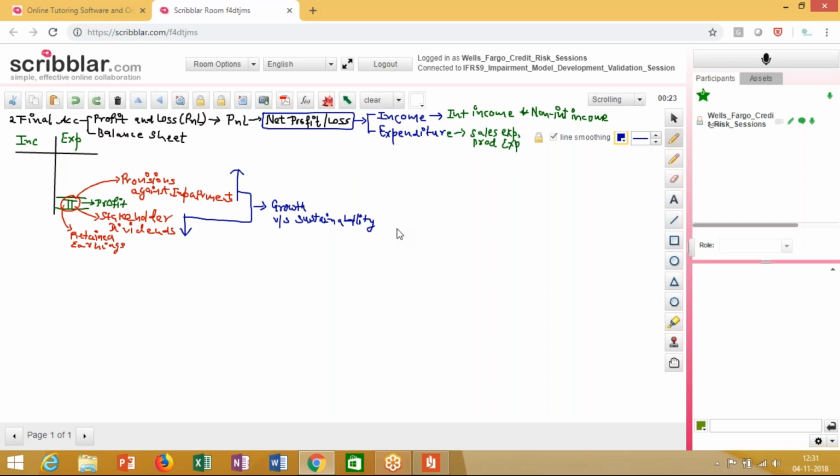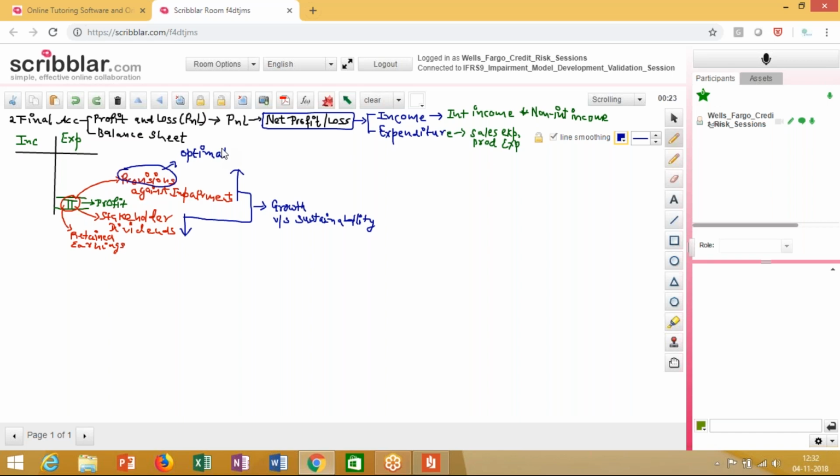So the question that comes out is: what should be the optimal provision? Because if I keep very high provisions, I will be keeping aside a lot of idle capital, which could have been invested profitably elsewhere.